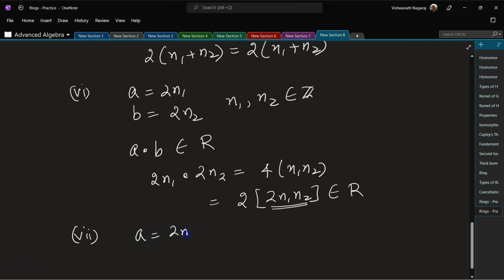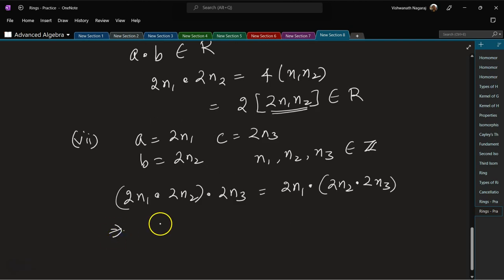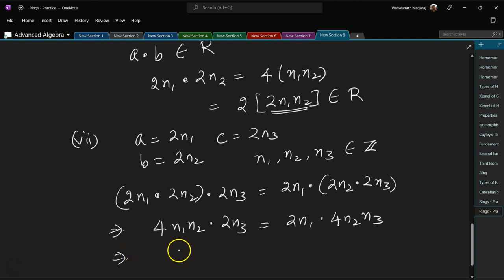Associative under multiplication. So A is equal to 2n1, B is equal to 2n2, C is equal to 2n3, where n1, n2, n3 belong to Z. So 2n1 times 2n2 times 2n3 is equal to 2n1 times (2n2 times 2n3), which implies 4n1n2 times 2n3, which is equal to 2n1 times 4n2n3, which implies 8n1n2n3. 8 can be written as 2 times 4n1n2n3.